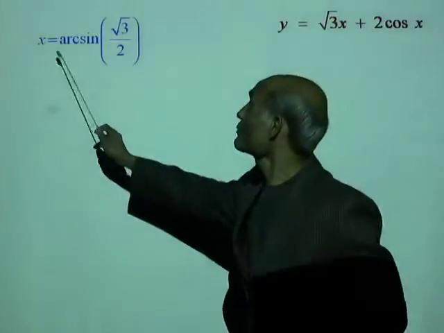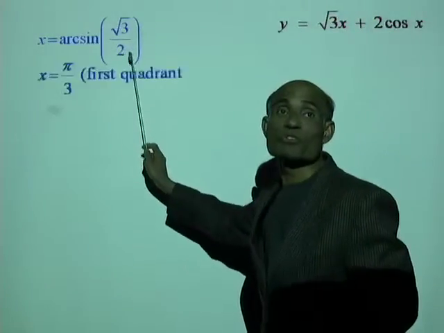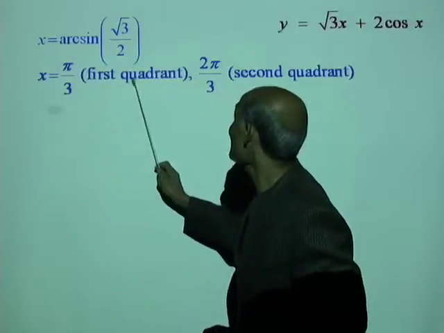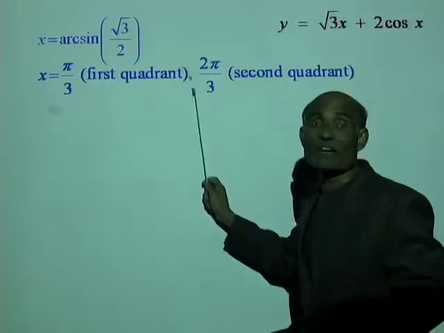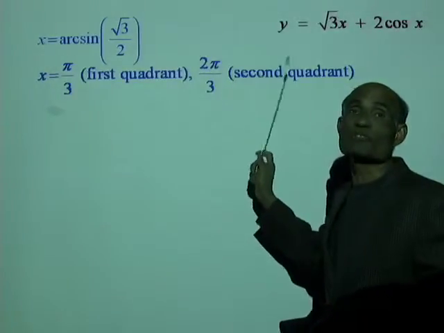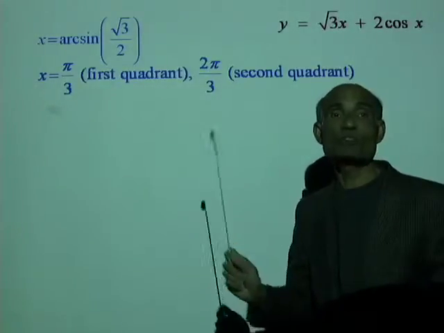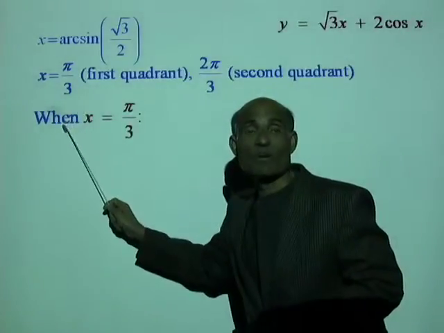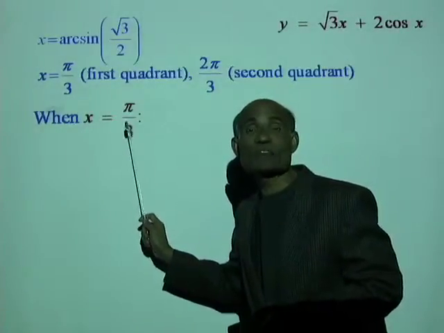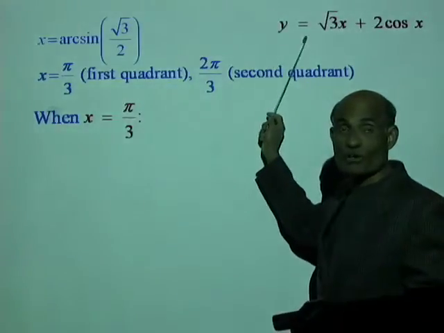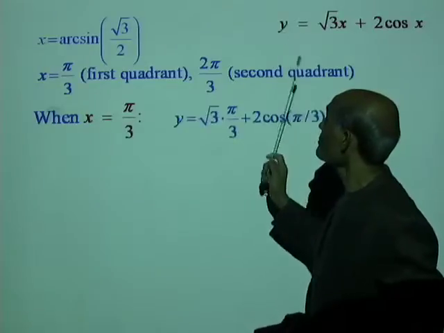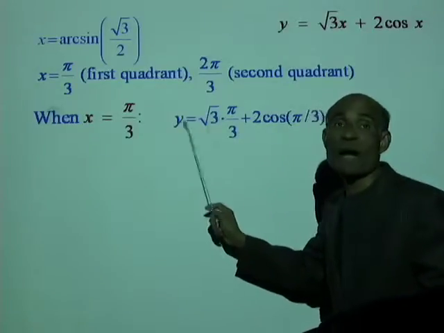So you have x equal to arc sine root 3 over 2 will give you x equal to pi by 3 in the first quadrant and x equal to 2 pi by 3 in the second quadrant. Those information is very important. So we will take one at a time. When x equal to pi by 3, this is your position function of the moving particle. So when x equal to pi by 3, then what is y?